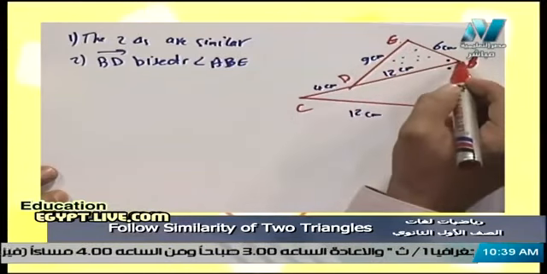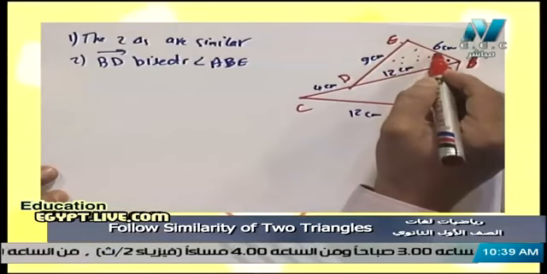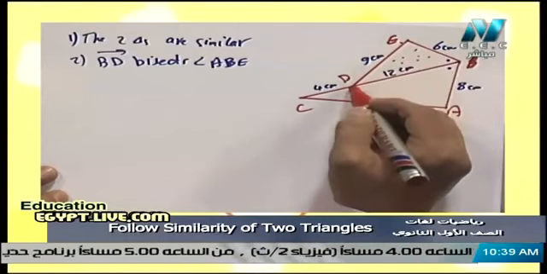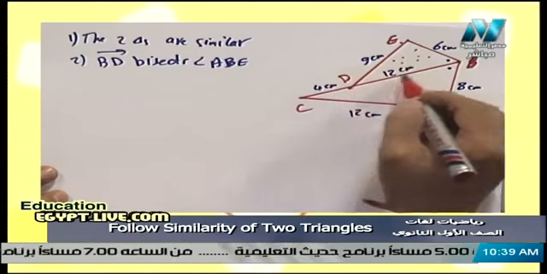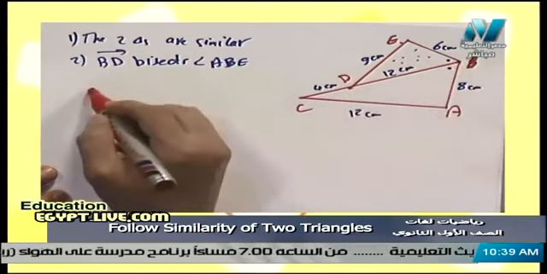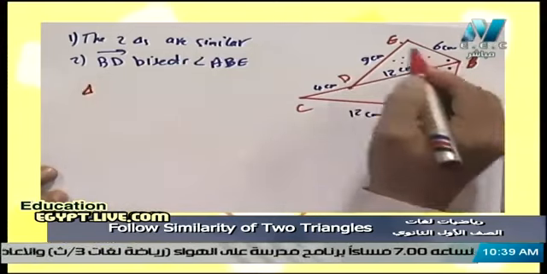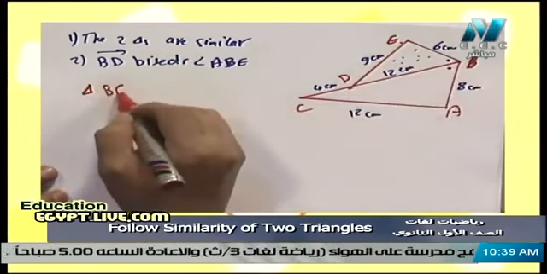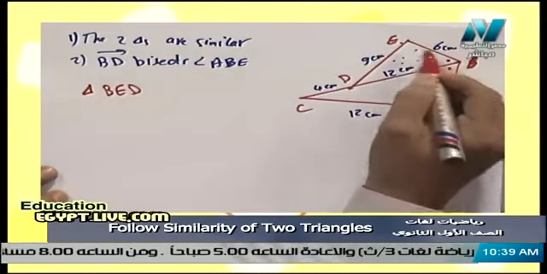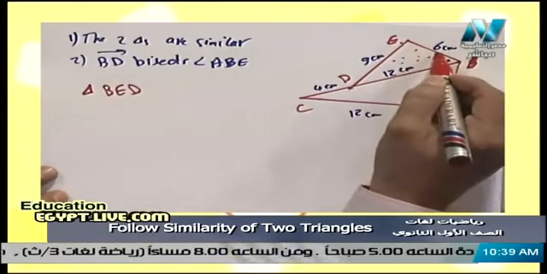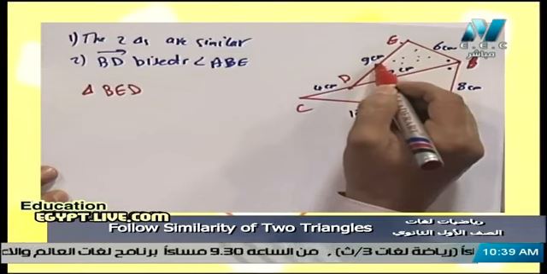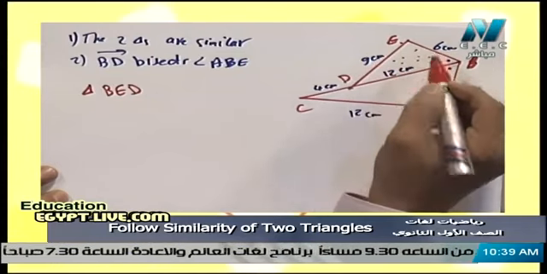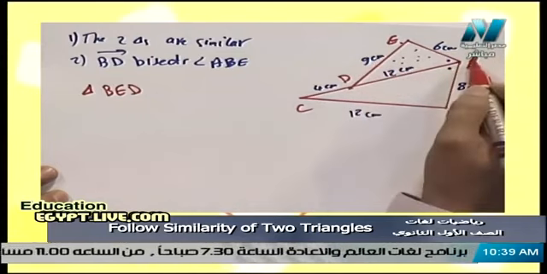Here BE is the smallest side, ED is the middle side, and the last one is the biggest side, which is DB. So we can say triangle BED, because BE, 6 centimeters, is the smallest, ED is bigger than the smallest one, and DB is the biggest.